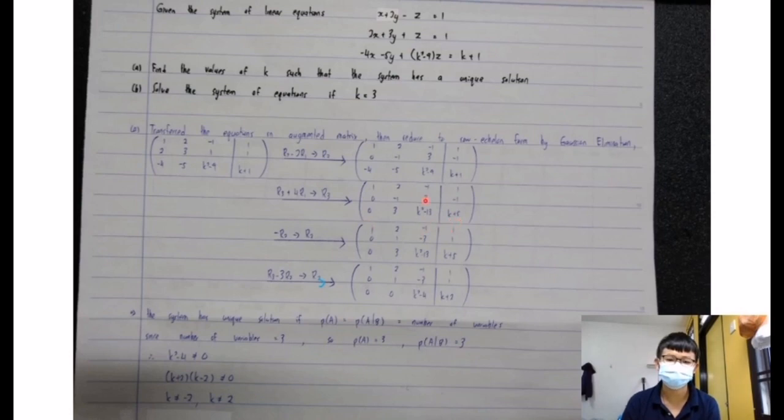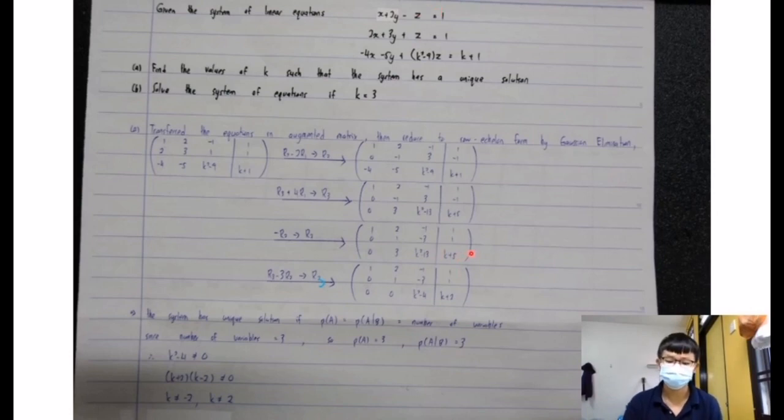And then row 2 becomes negative R2, then we get 0, 1, -3, and 1. Then lastly we see the row 3. Row 3 becomes R3 minus 3 R2. Then we get 0, 0, k squared minus 4, and k plus 2.